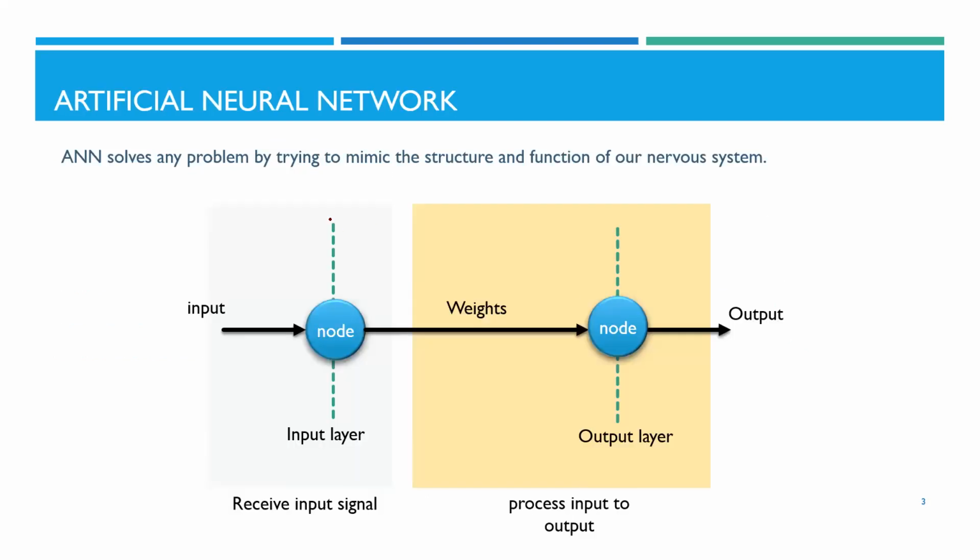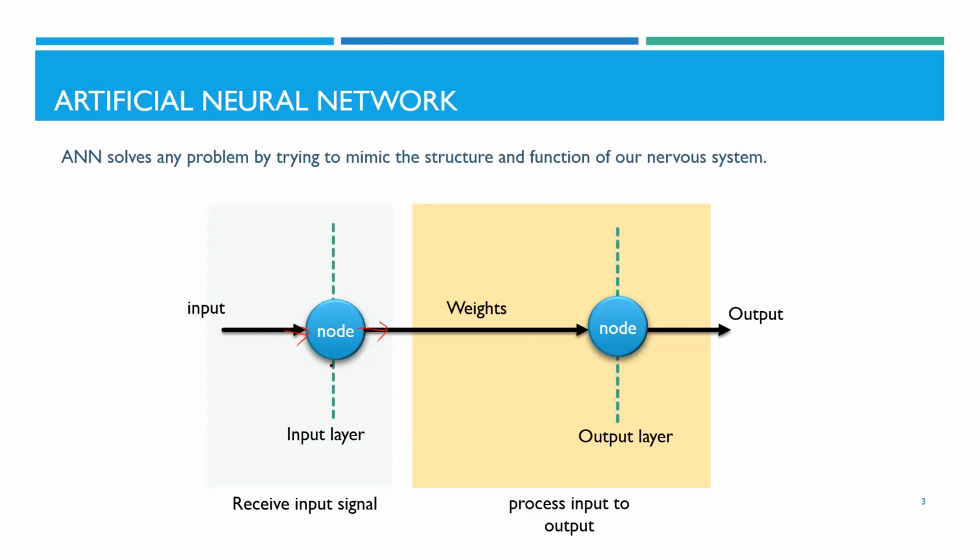So here the input will go to the input layer. In the input layer, there are some nodes. Then the nodes here will process the input, so then it has the output. So nodes are the ones that process the input and give a new output. The output from each node will be transferred into nodes in the next layer.